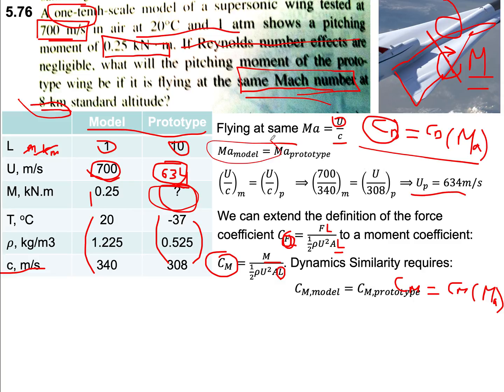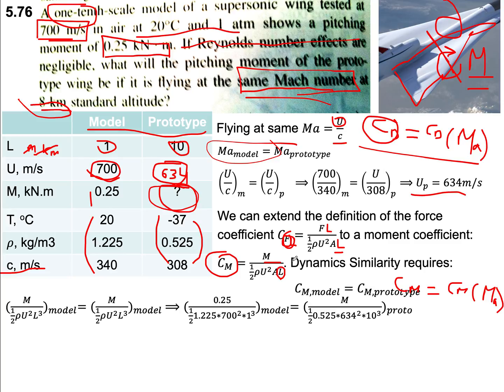We didn't go to the table; we made our own moment coefficient, we defined it. And so the moment, density, velocity, and length scale for the model is equal to that for the prototype.